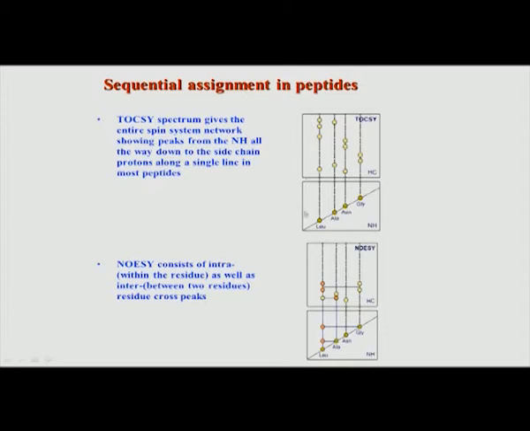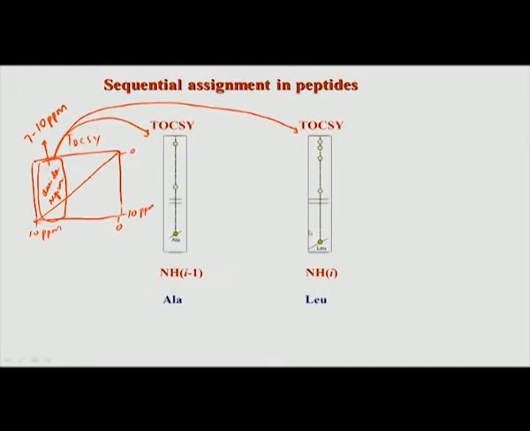I can cut out a strip like this, and that will correspond to one amino acid. This is the TOCSY region, but again remember we are looking only at the amide region, 7 to 10 ppm, where all the peaks in the amide portion come in. The amide means NH.